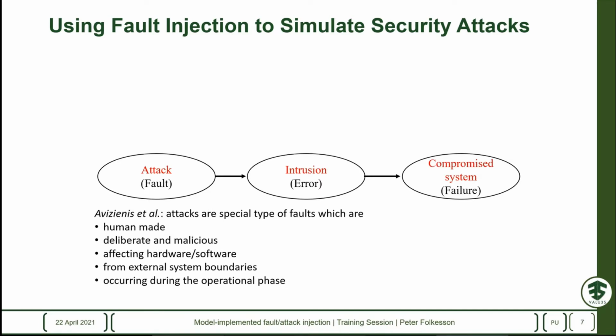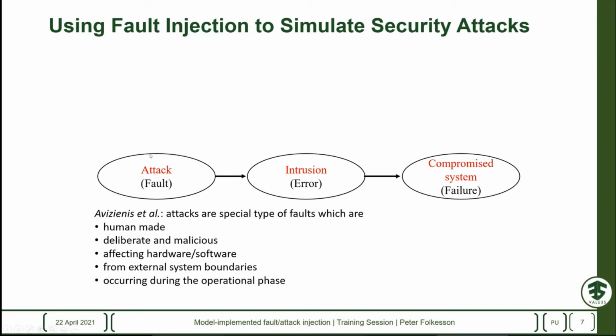So according to this classification, an attack may be considered a special type of fault. And this fault is human-made, it's deliberate and malicious, it affects hardware and software, it occurs from the external system boundaries during the operational phase.